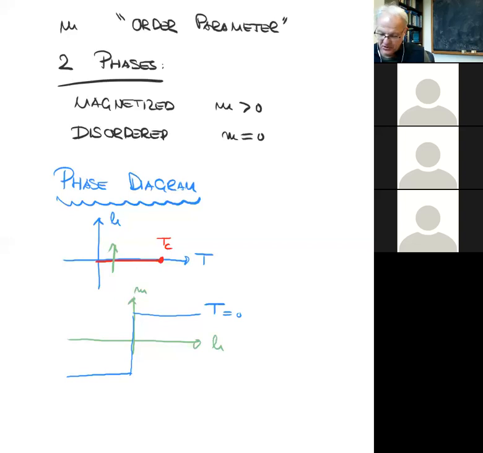If I make the temperature a little bit higher, there's a little bit more disorder in the system, so the magnetization will be a little bit smaller. Okay, so this is T not equal to 0. And of course, eventually you get to this point where the temperature is above Tc.